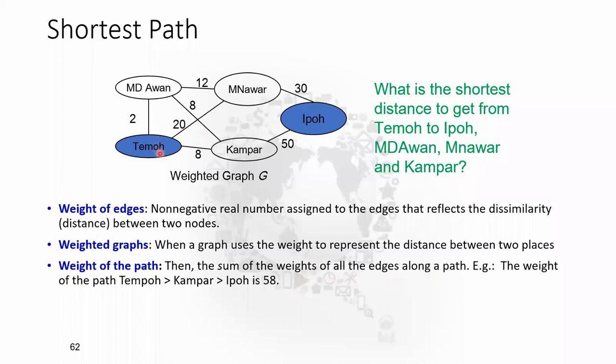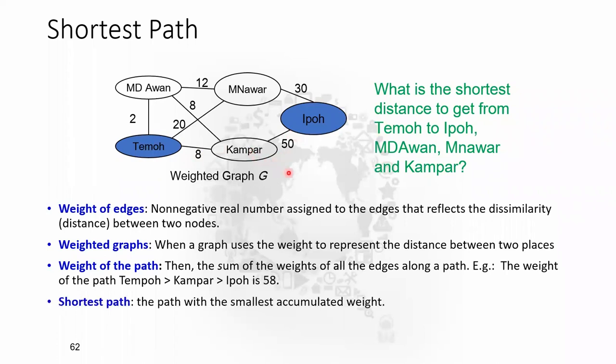So let's say you want to go from Thermo to Ipoh. What is the weight of the path? You add Thermo to Kampar, where the 8 here represents the distance, and Kampar to Ipoh, 50. So the weight of the path from Thermo to Ipoh is 58.